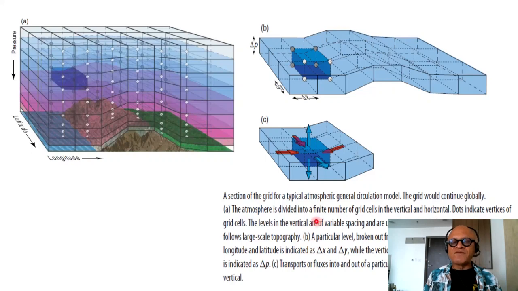The atmosphere is divided into a finite number of grid cells in the vertical and horizontal. Dots indicate vertices of grid cells. The levels in the vertical are of variable spacing and are usually in a modified pressure coordinate that follows large-scale topography. So there are ways to define pressure dependence with altitude to make the grid resolution resolve those processes better.